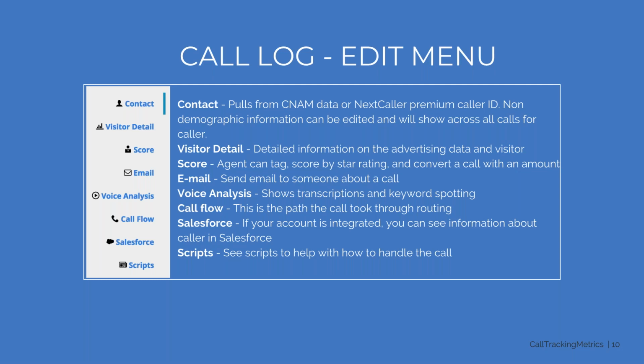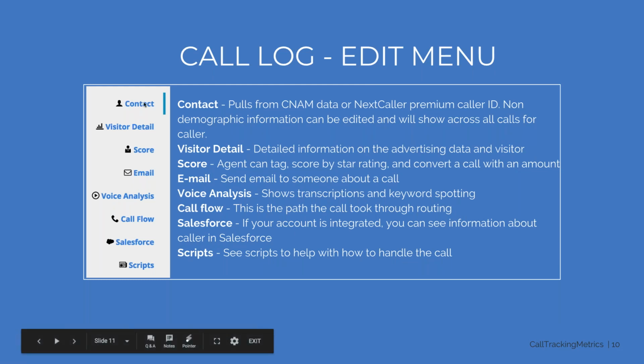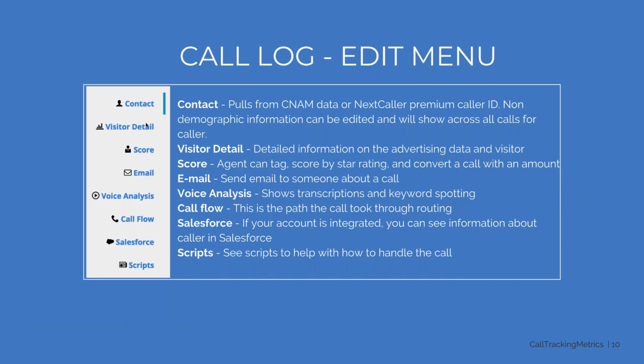All right, so moving forward, if you actually open the contact column, you're going to see that we have this drop down here. So this is going to be all the basic contact information we get from the caller. The visitor detail is going to be where we can see the session data and any campaign data that we've associated to this caller.